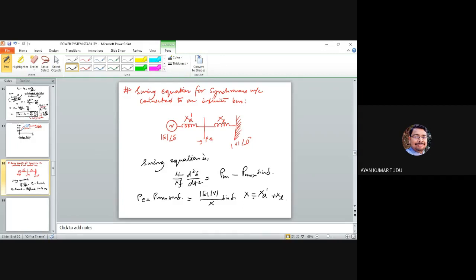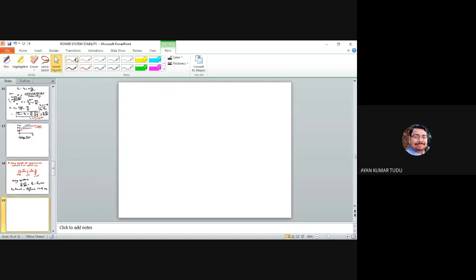Now, the synchronous machines are all connected together in parallel, correct? They are all interconnected among themselves in parallel. So when the synchronous machines swing together, they are known as coherent machines.